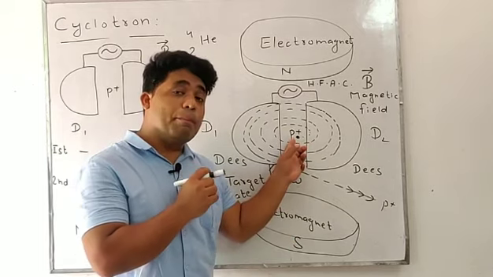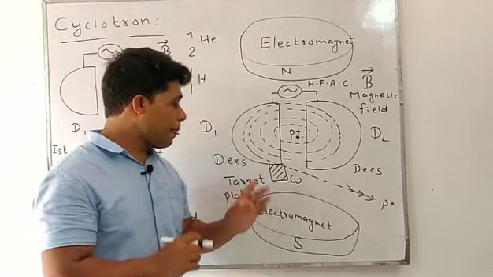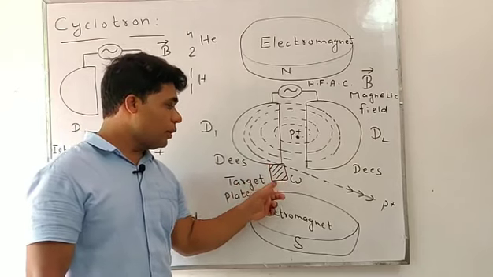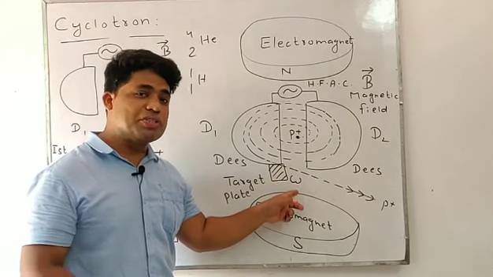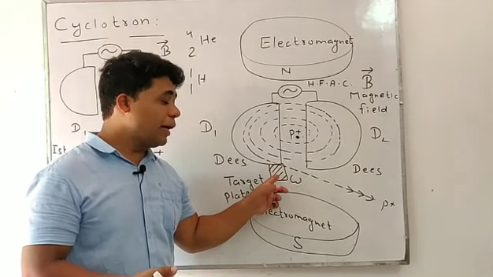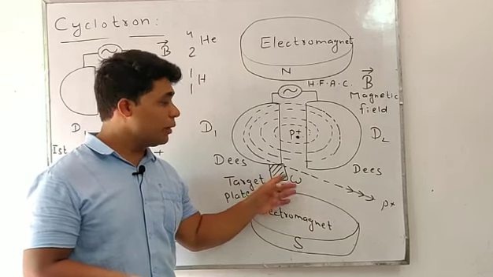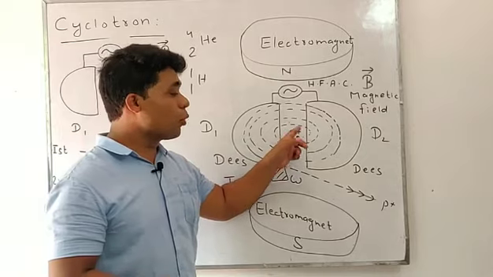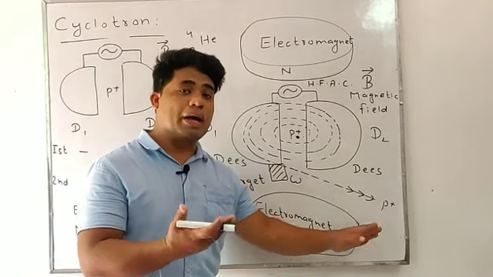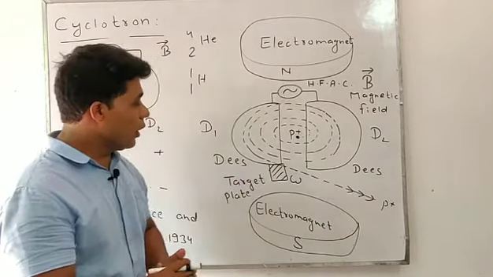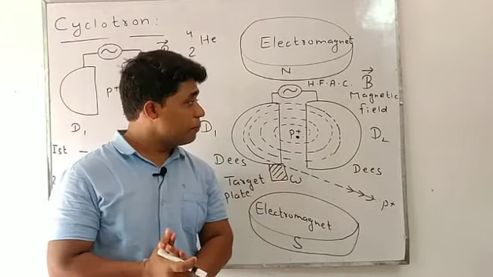We put a gap between the Ds, and this is a tungsten plate, symbol W, which is said to be the target plate. With the help of this target plate, the low energy proton comes outside with high energy. Later on we will discuss the tungsten plate.